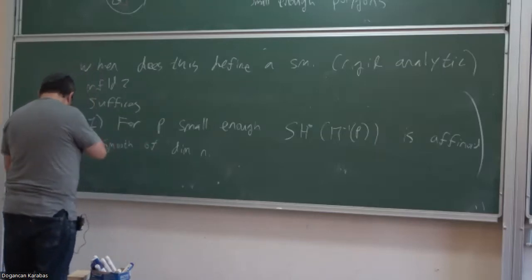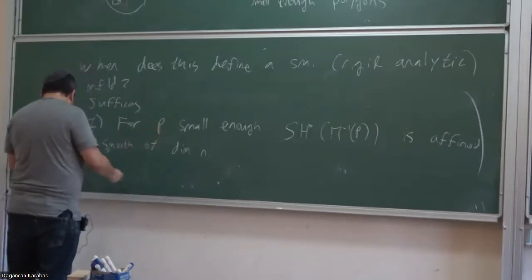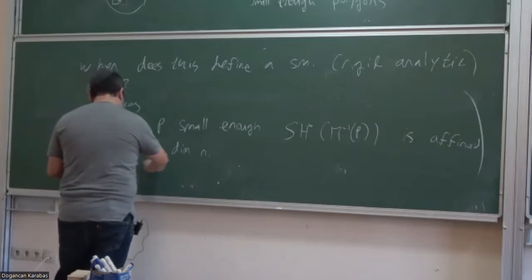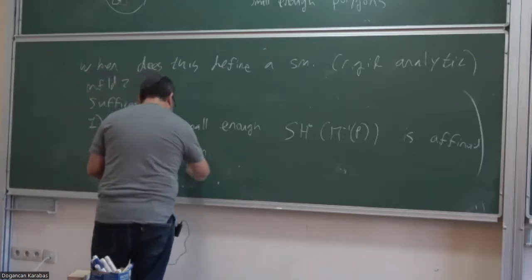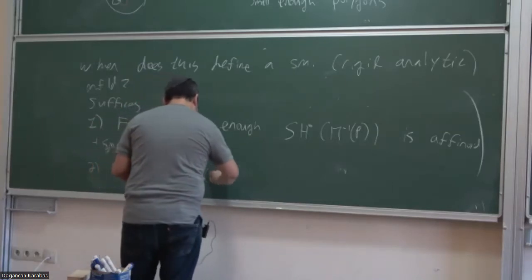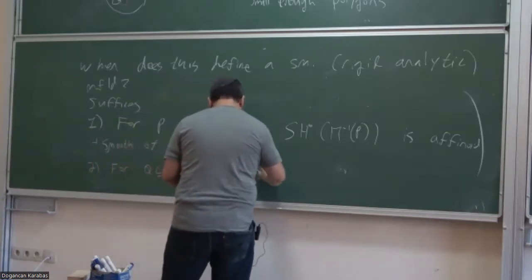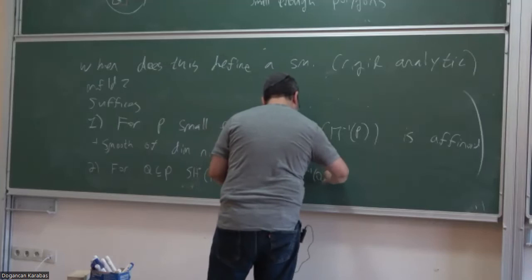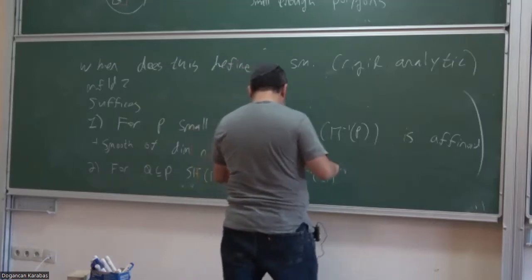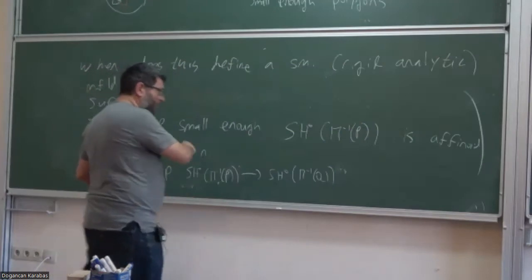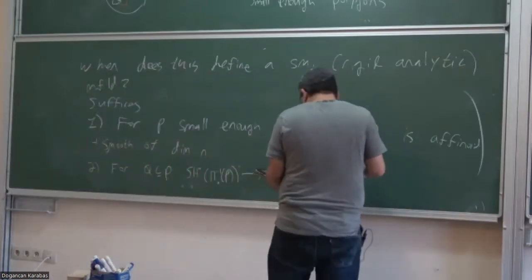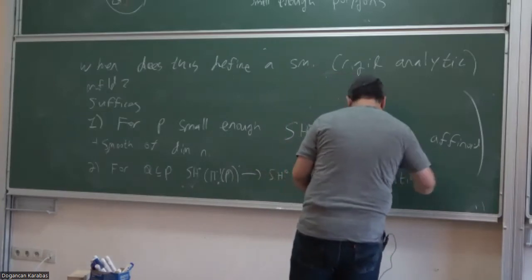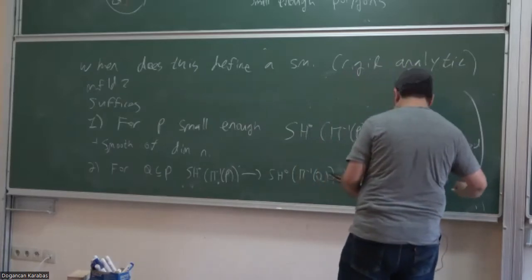So we want this to be the right type of algebra, and then we want the restriction maps. When you have an inclusion of polygons, you want these restriction maps to just be restriction to an open subdomain.